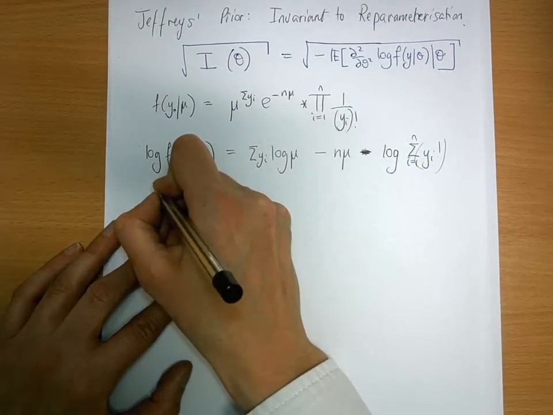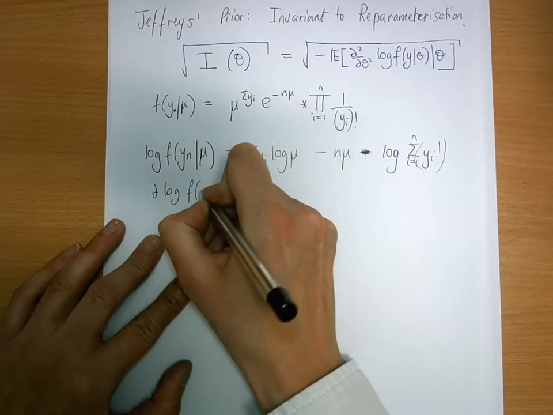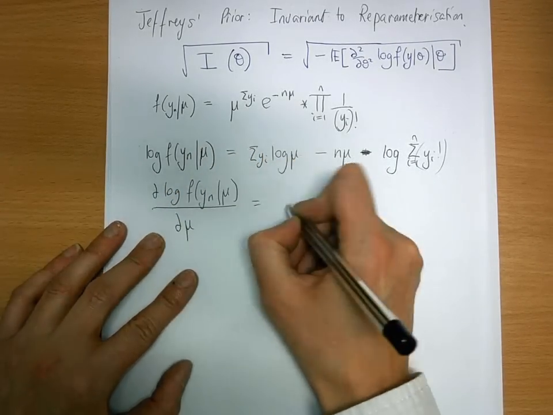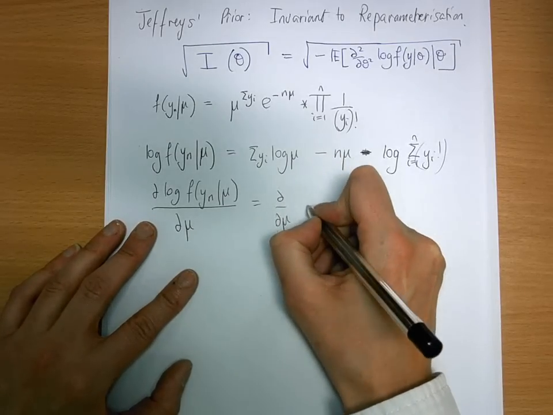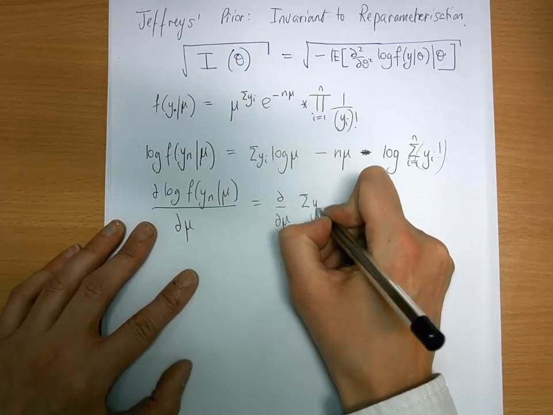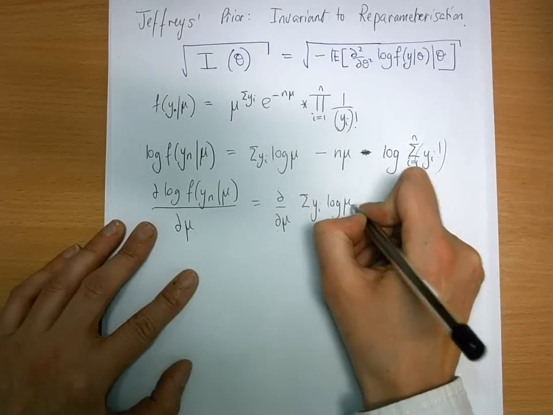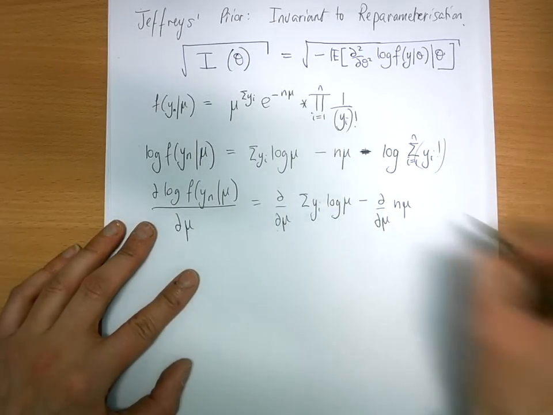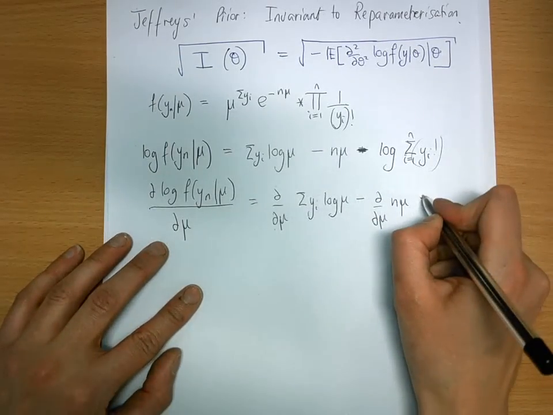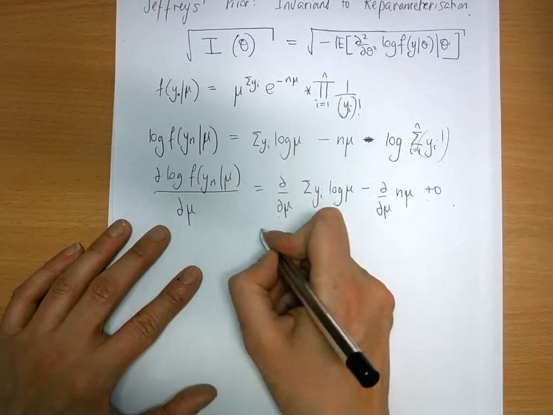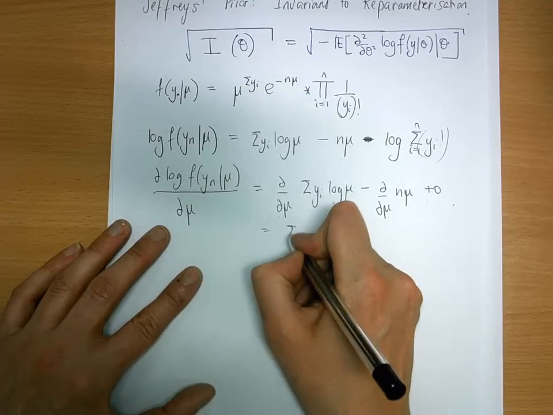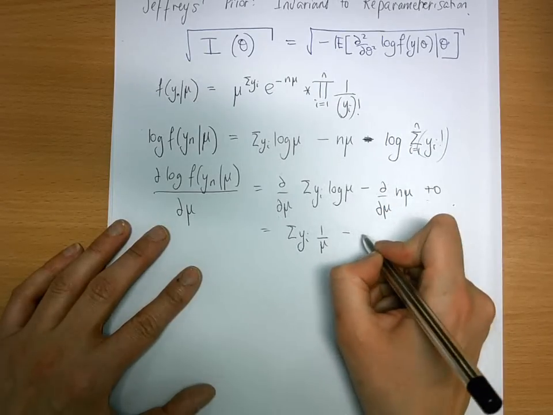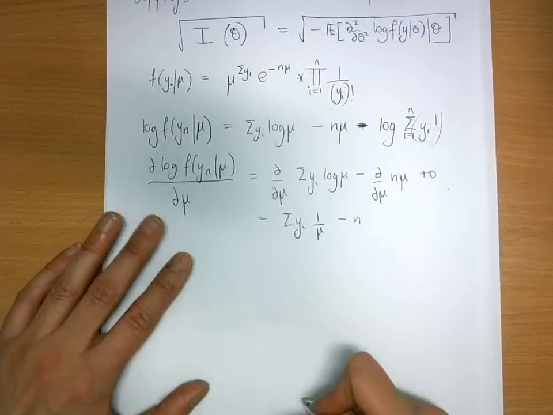When we differentiate the first time, d mu of log of f of y given mu equals d mu of the sum of yi log mu minus d mu of n mu. The rest is plus 0, which is the sum of yi times 1 over mu, minus n.